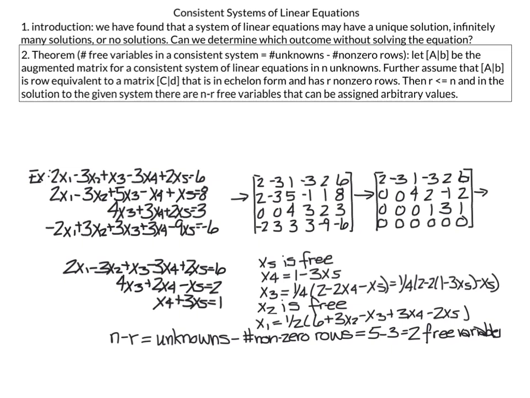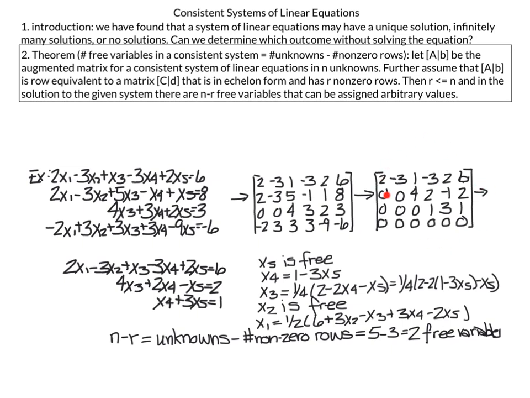Again, the augmented matrix rows are: 2, minus 3, 1, minus 3, 2, 6; 2, minus 3, 5, minus 1, 1, 8; 0, 0, 4, 3, 2, 3; and minus 2, 3, 3, 3, minus 9, minus 6. And here is the echelon form: 2, minus 3, 1, minus 3, 2, 6; 0, 0, 4, 2, negative 1, 2; 0, 0, 0, 1, 3, 1; and then the last row is all zeros.